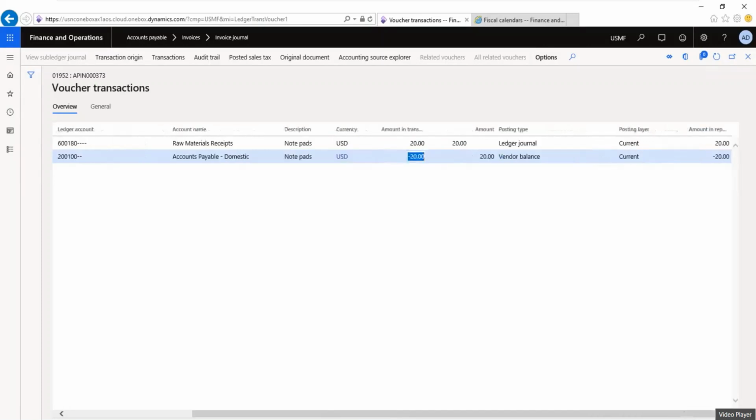It is showing three amounts: this is company currency or accounting currency, this is reporting currency, this is transaction currency. What is this? We'll discuss in coming sessions.